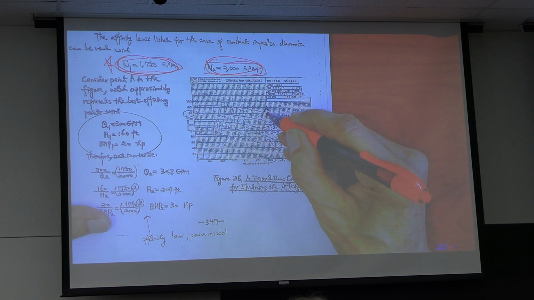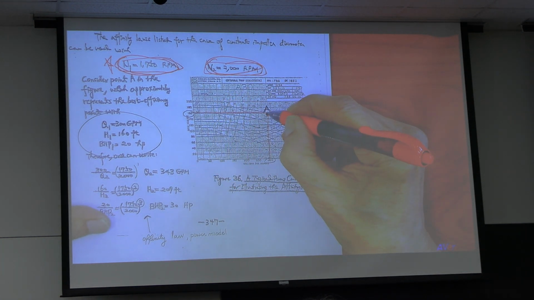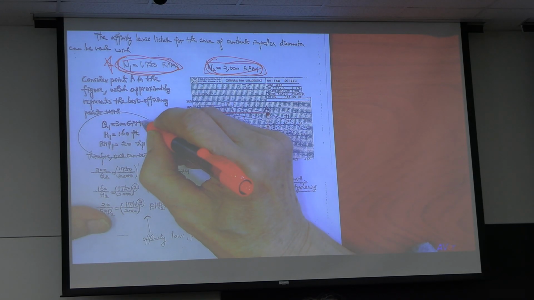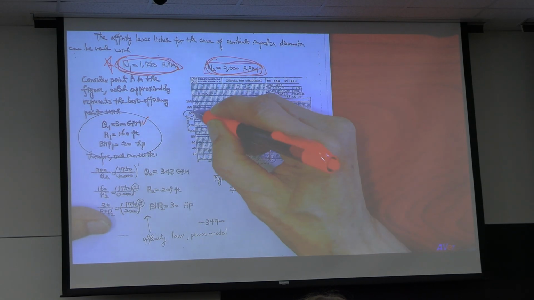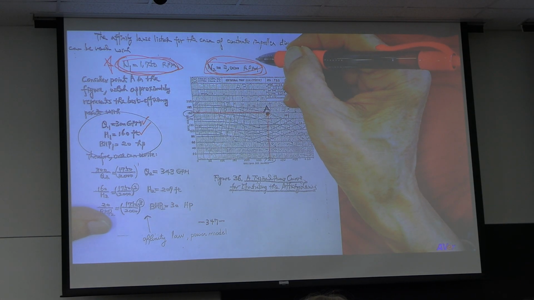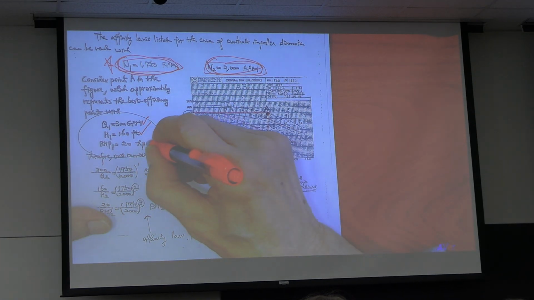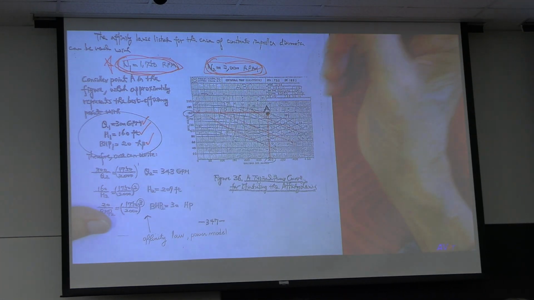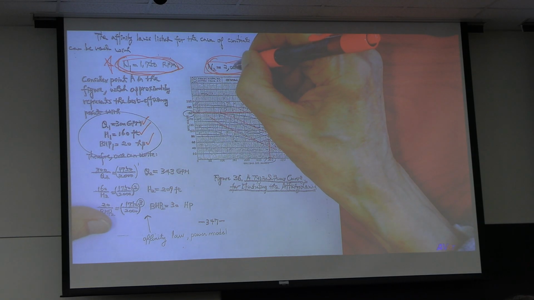You have 0.8, 300 gallons per minute, head 160 feet, and brake horsepower 20. How about at 2,000?